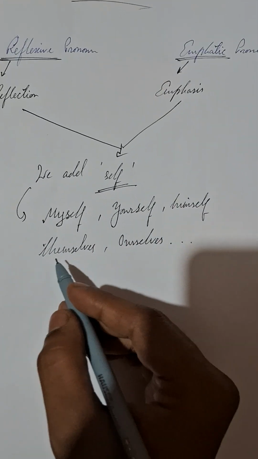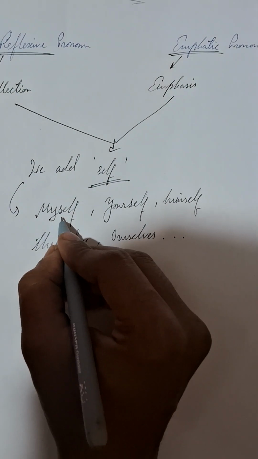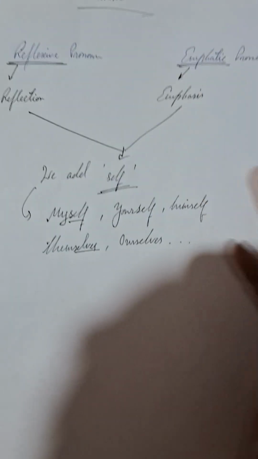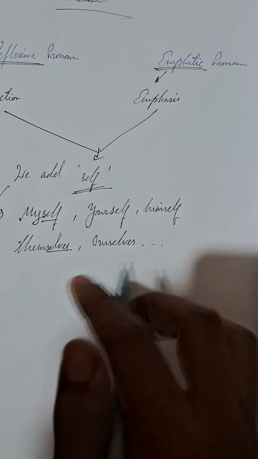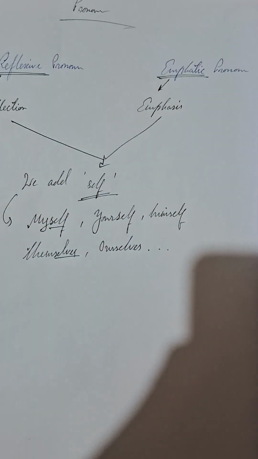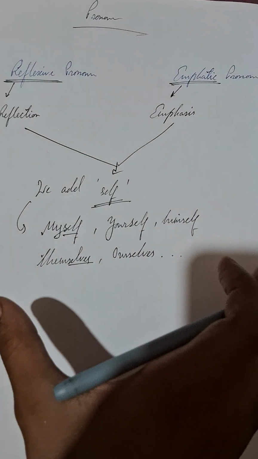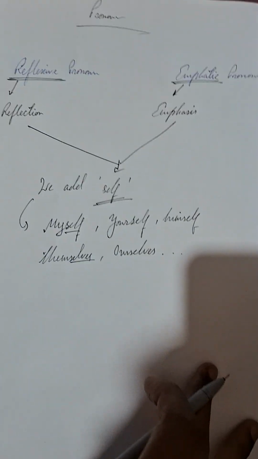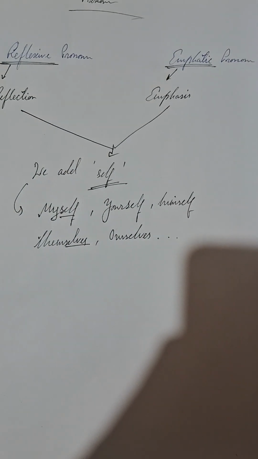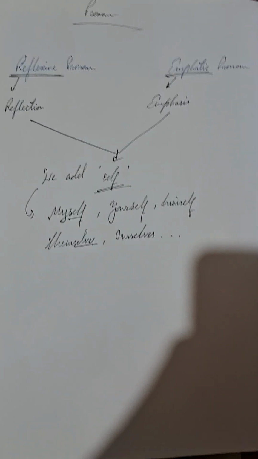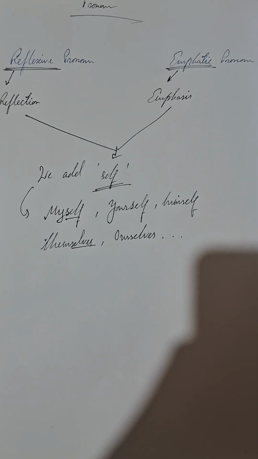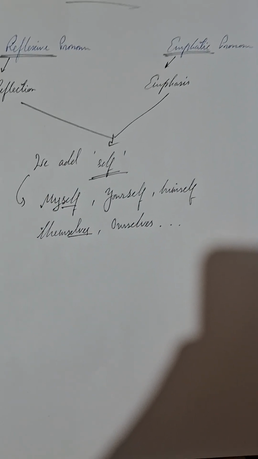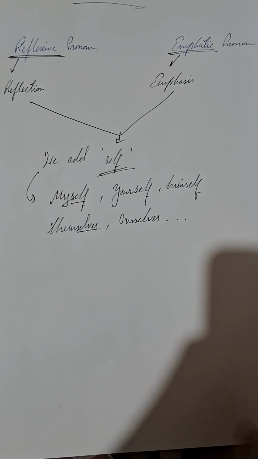Myself, yourself, himself, themselves, we just added a self or selves in the plural number. So these are both reflexive pronoun and emphatic pronoun. Both are the same words, no difference. Then why does it differ? It differs in the use. The use of both is completely different.